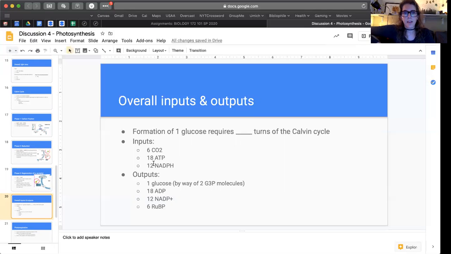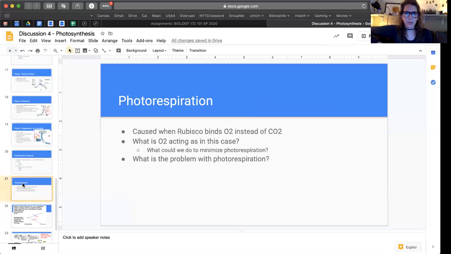So 12 NADPH, and then our outputs are ultimately going to be this 1 glucose by way of having those 2 G3P molecules that are exiting the cycle, 18 ADP, 12 NADP, and 6 of the original electron acceptors, the RuBP. So that's kind of our summation slide.